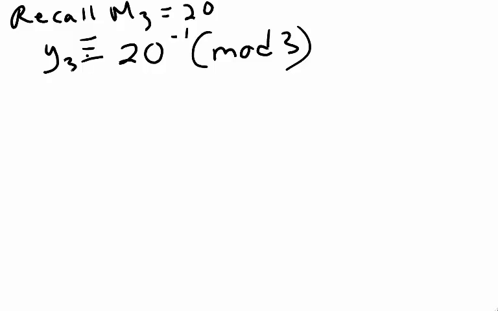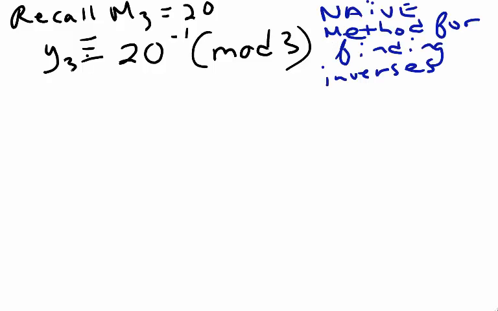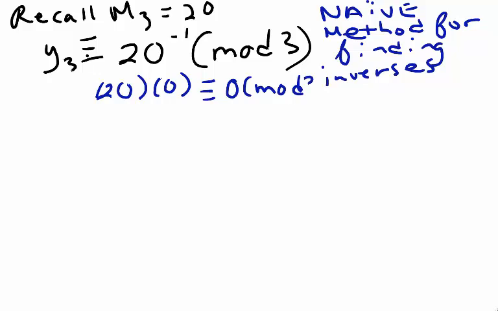For mod 3, we know that we can have remainders 0, 1, and 2. So, beginning with remainder 0, we take 20 times 0. This is congruent to 0 mod 3.